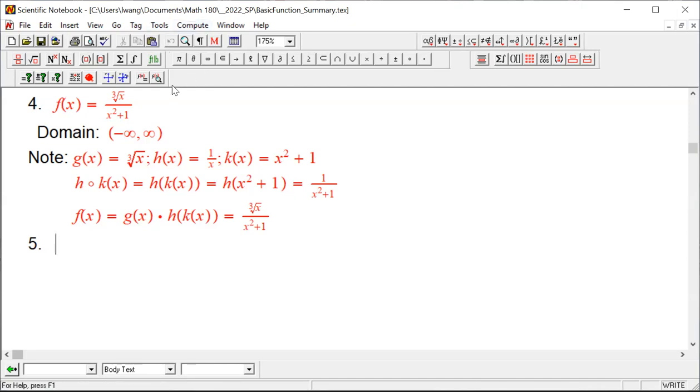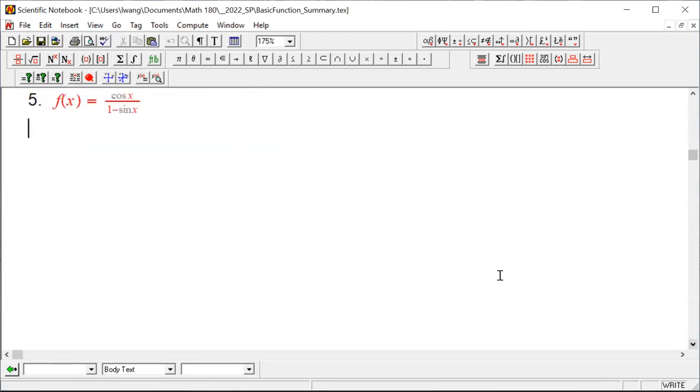And I have a function here: cosine x over 1 minus sine x. What is the domain? We are to find the domain.